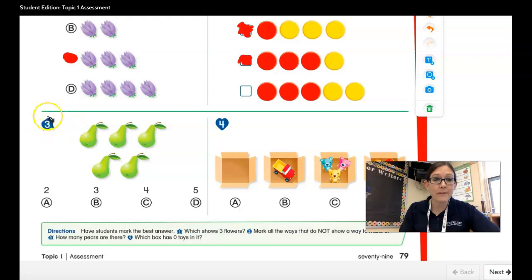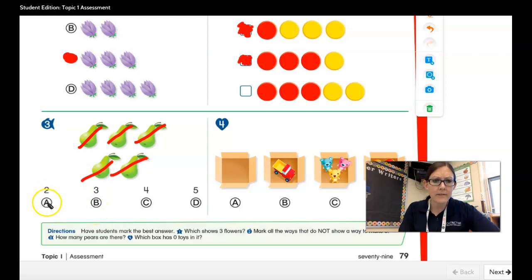Let's look at number 3, fish. Count the pairs, and then fill in the bubble for the one that shows how many. Let's count them. 1, 2, 3, 4, 5. 5 pairs. All right, which one of these choices shows the number 5?